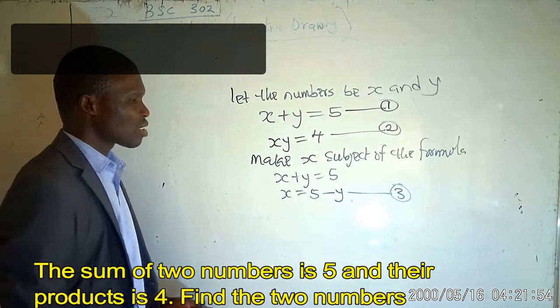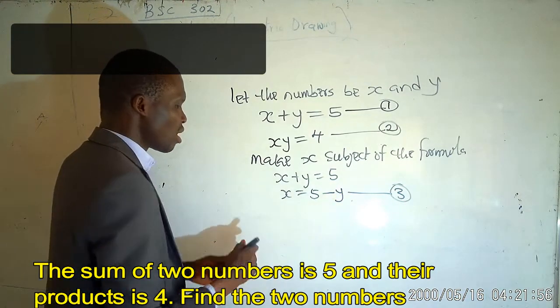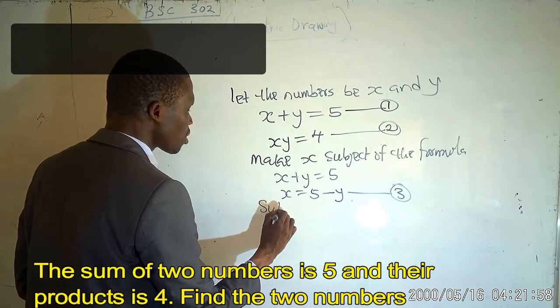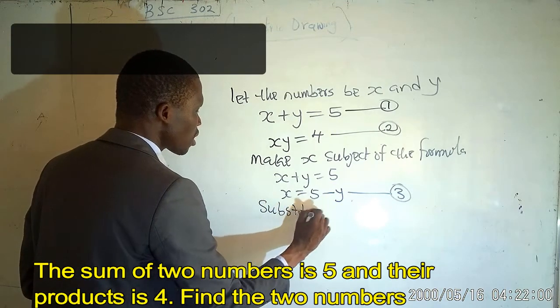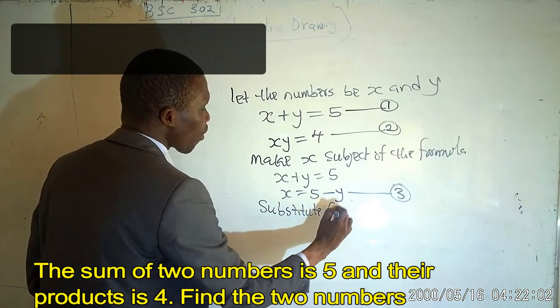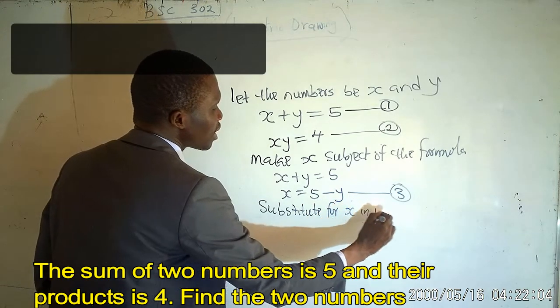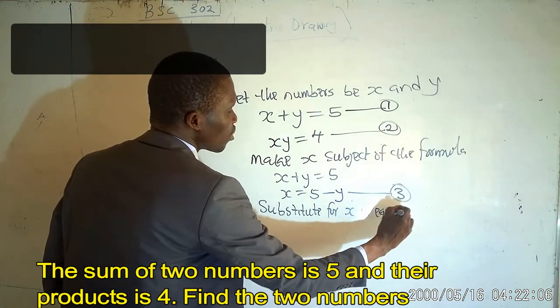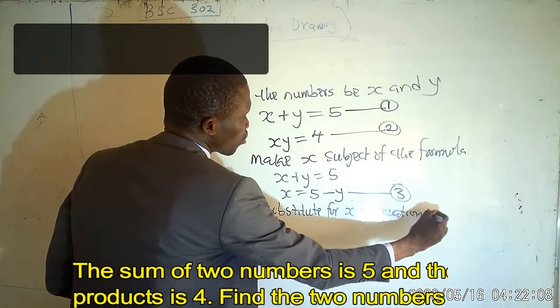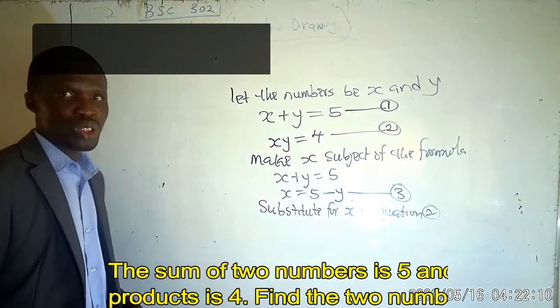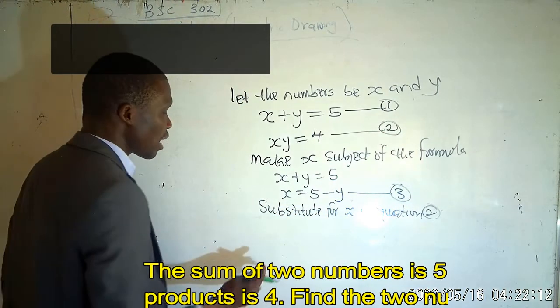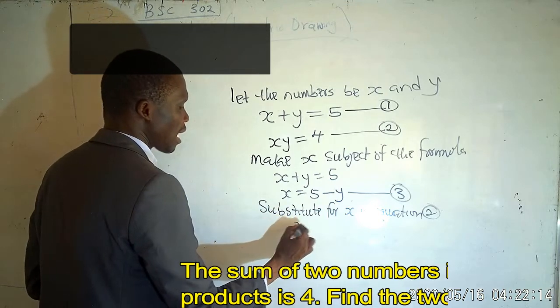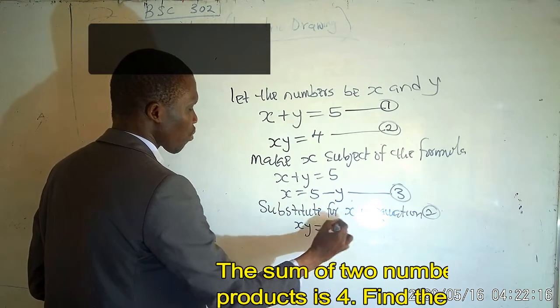Okay. Now, since you have equation 3 here, you now say substitute for x in equation 2. In equation 2. So what is our equation 2? Our equation 2 is xy equals 4.